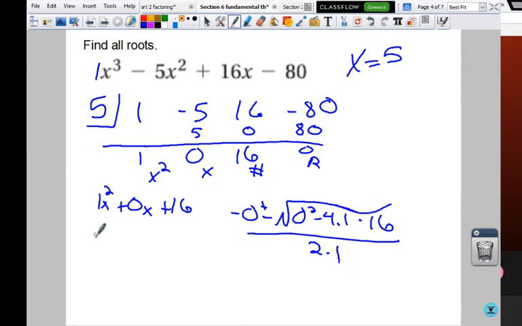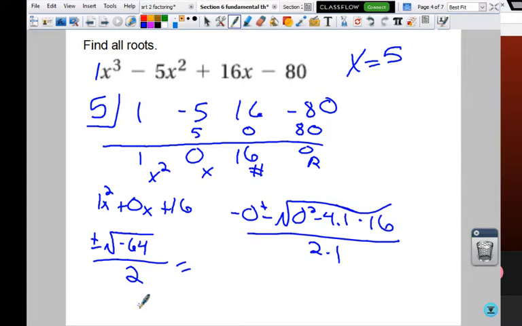I'm not going to write down that 0 because it's just 0 plus or minus something. 4 times 1 times 16 is 64, so negative 64, and the whole thing is divided by 2.